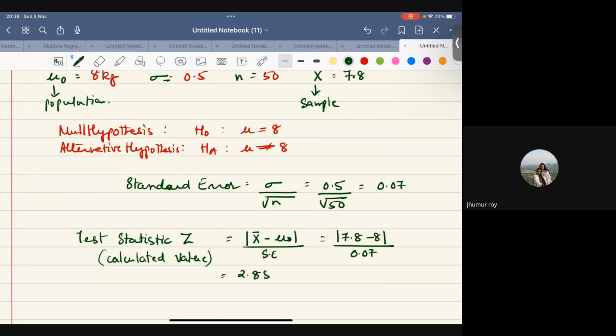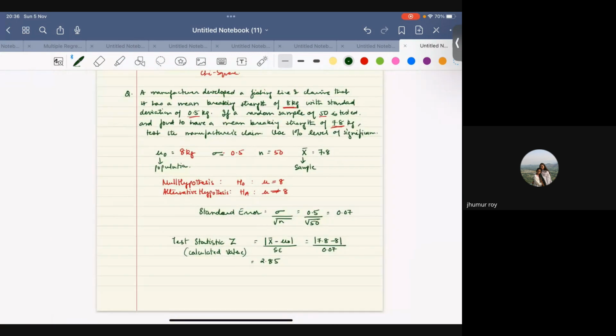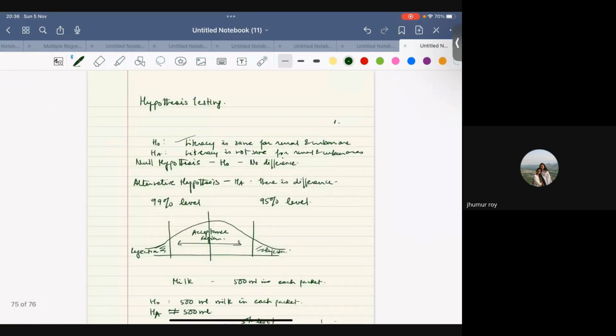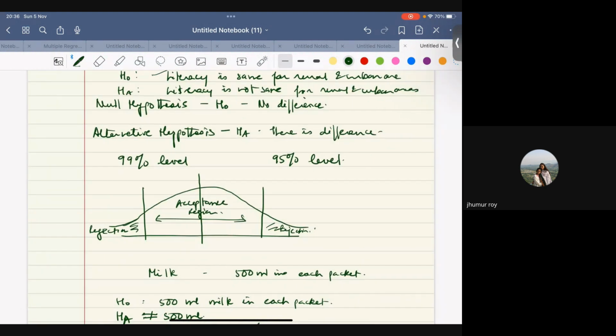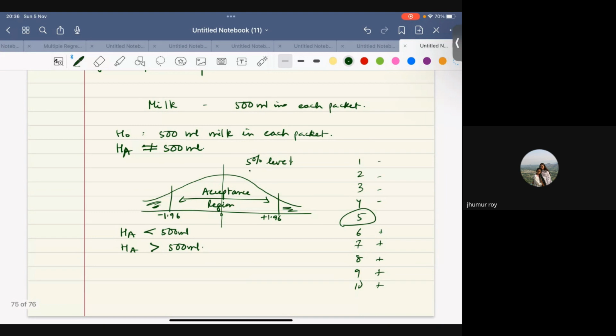Yes. Okay. Now, if I'll just go back to the previous page, so that I can just explain. Now, this is the value I had said is at 5% level of significance. So for 5% level, the value was 1.96 and minus 1.96.